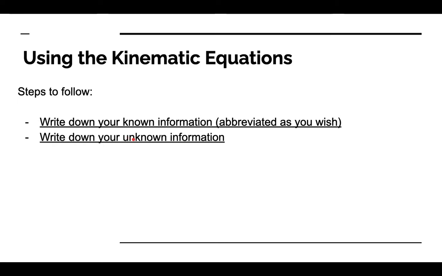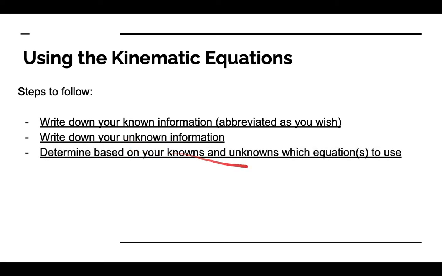And then the critical step is that we're going to use our knowns and unknowns to determine which equations to use. So here it's important to make sure that you have all variables lined up with the correct numbers, so that x is matched up with a number for position, v is matched up with a number for velocity, and so on and so forth. And thus you must also make sure you're familiar with your units for position, velocity, and acceleration. And the fourth step that we're going to do is we're going to solve our equation for our unknown quantity.